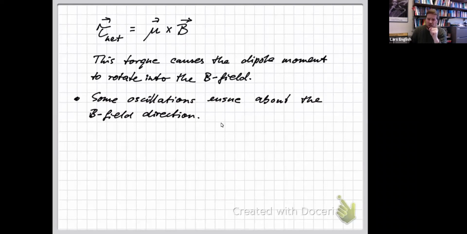Once it's aligned with the magnetic field, the cross product vanishes: if mu is parallel to B, the torque vanishes. But we've picked up some speed, and so we get some additional rotation, some overshooting.